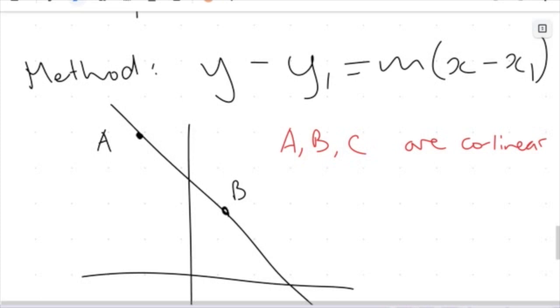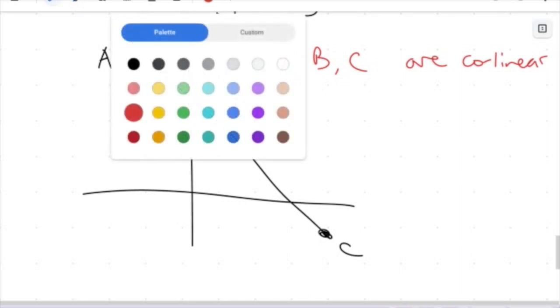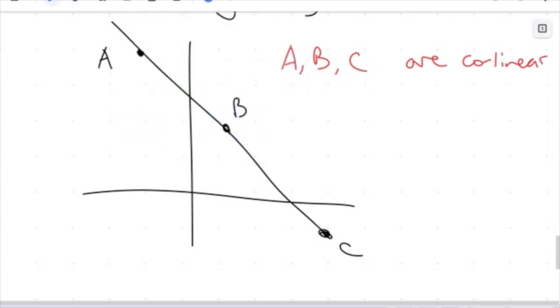There's a bunch of different ways this is written, but we want to have a think about something to do with gradients of points that lie on a line. The really neat thing about lines is that all the way through on a line, we have a constant gradient. We have a constant slope that doesn't change.